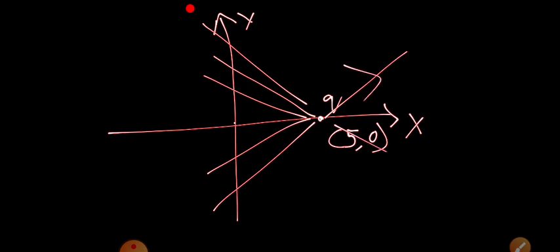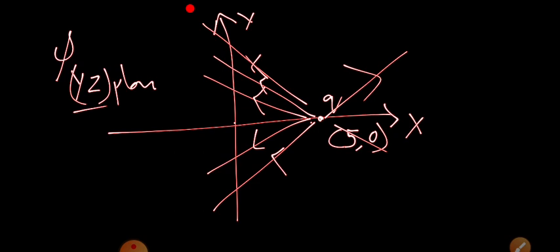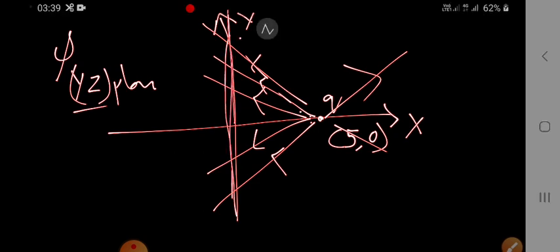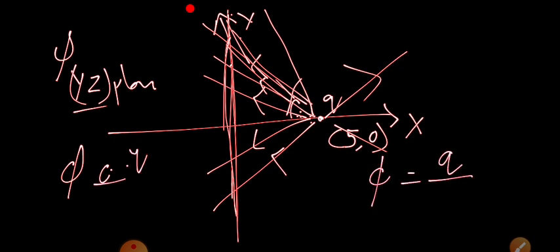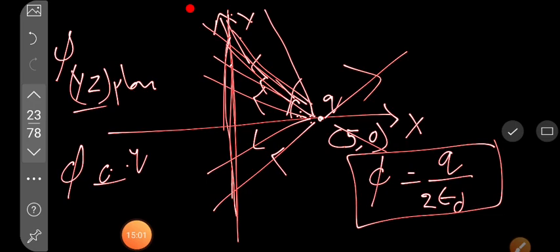If somebody asks what is the flux through the whole yz plane due to this charge particle, the yz plane is an infinite plate. We calculate how much flux passes through the plate. Since the yz plane is infinite, this angle will be 90 degree, and the total flux is equal to q by 2 epsilon naught.